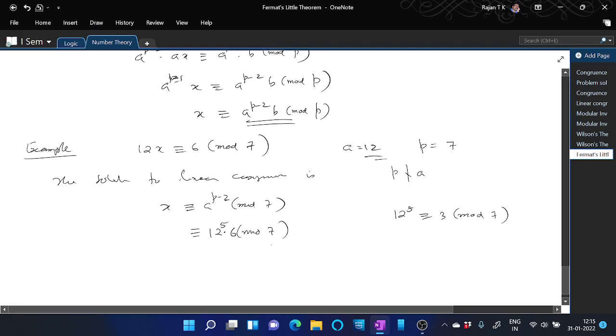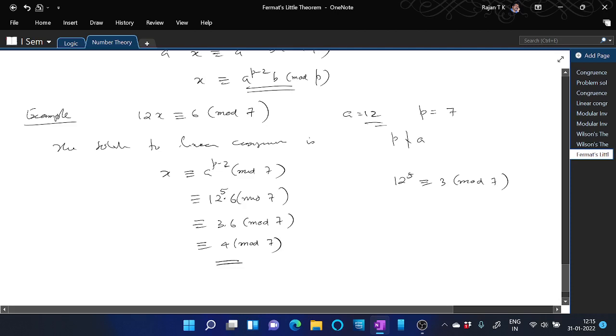This we can verify, and therefore this is congruent to 3 into 6 mod 7, which is congruent to 4 mod 7. Thus 12x congruent to 6 mod 7 has a solution 4 mod 7, the residue of 4 mod 7.